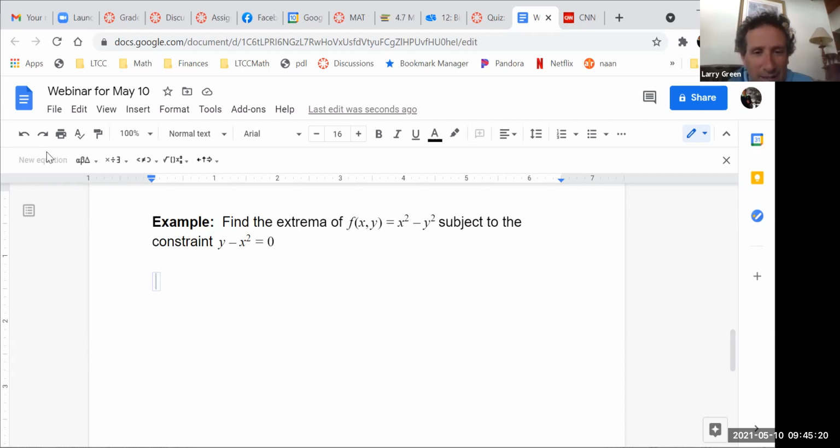We find the gradient. So what we do is we say grad f, let me just write it. Grad f is equal to lambda grad g. I'm just writing it down without thinking, because I know that's always true when we have a constraint equation and when we want to find the extrema.